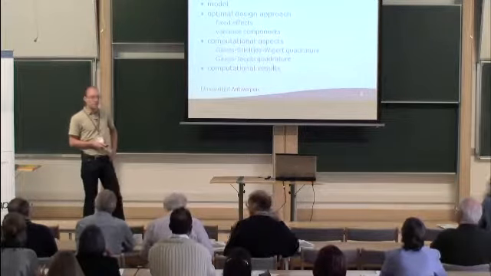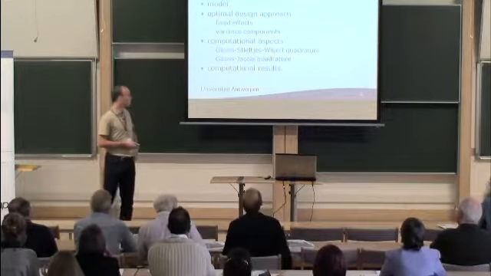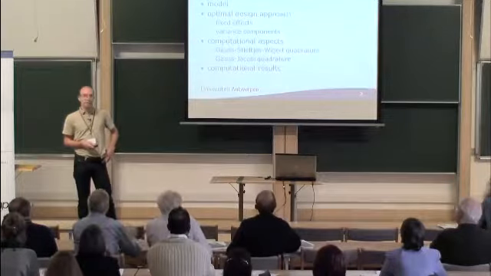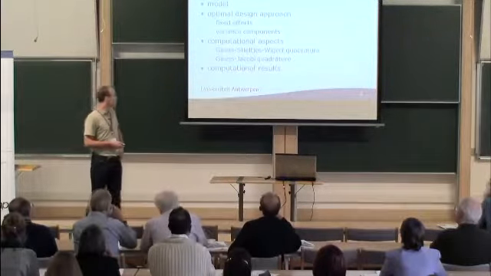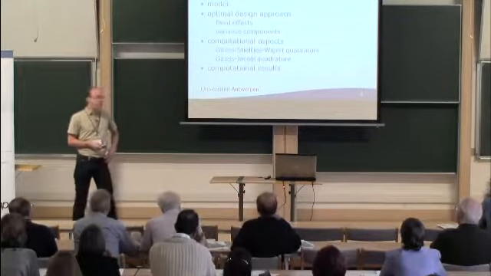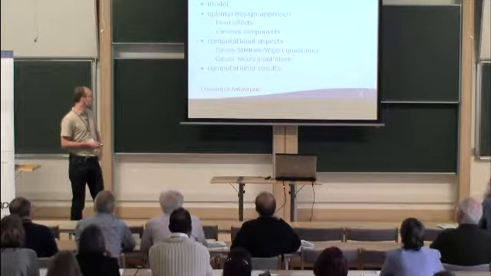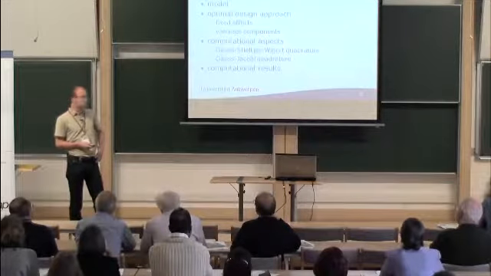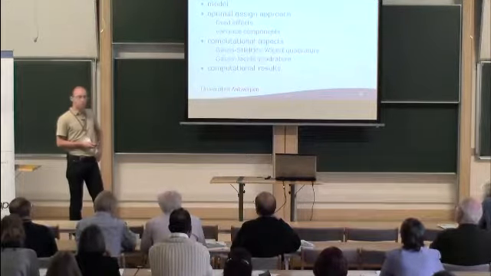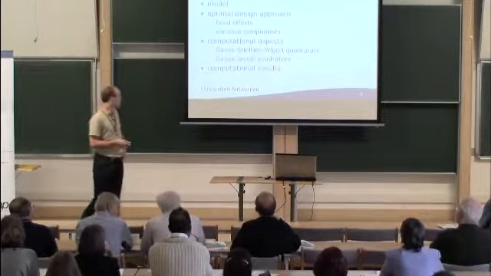To find all these designs, we need to do a lot of calculations, and we can reduce the amount of calculations by using a few clever techniques called Gauss-Stieltjes-Wigert quadrature and Gauss-Jacobi quadrature. I will also explain what these are, and then finally I will show you some computational results.